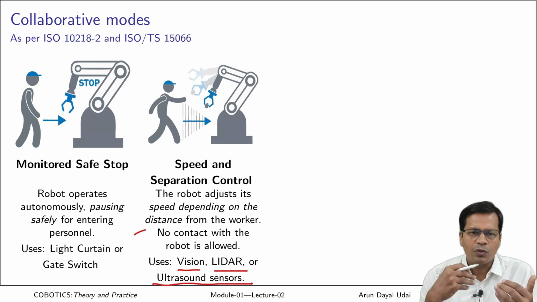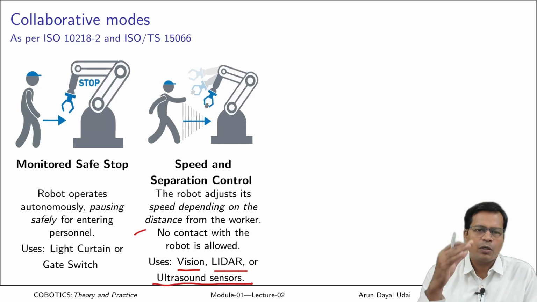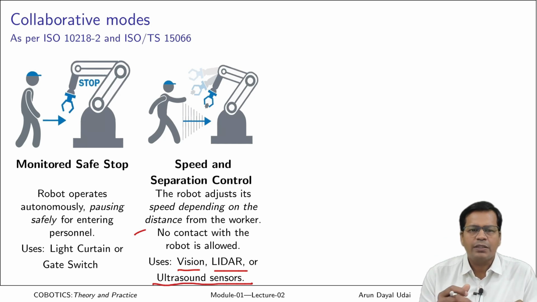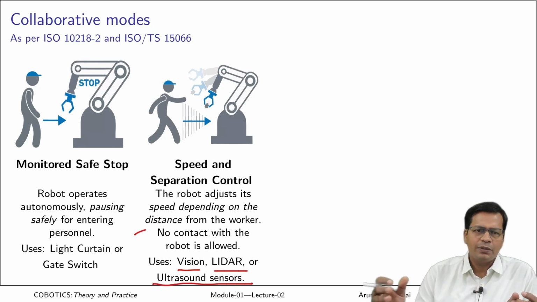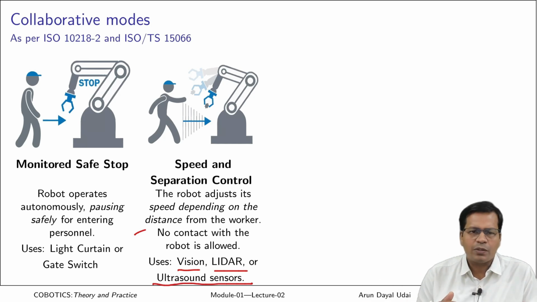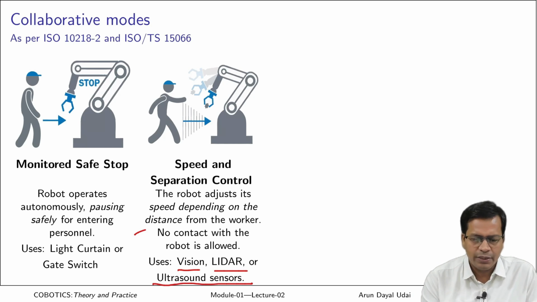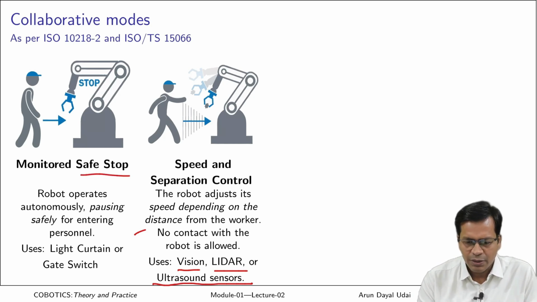So as the person goes closer and closer, the robot may gradually slow down, right? At a certain distance it will run at a very slow speed. When the person comes quite close, the robot may totally stop, the way it did in the monitored safe stop condition, right? So this is the second way.